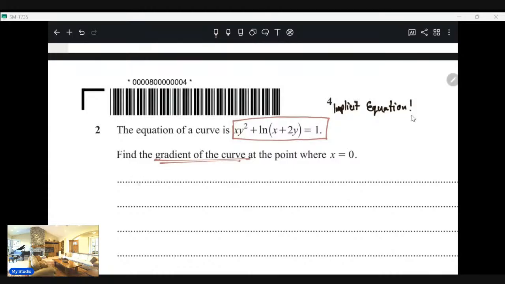Right, so here this is xy squared plus ln of x plus 2y is equal to 1. This is our first example. For implicit, let me tell you where it's hard. Listen closely and don't let me down.